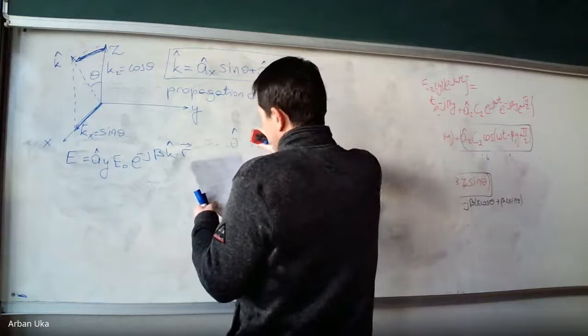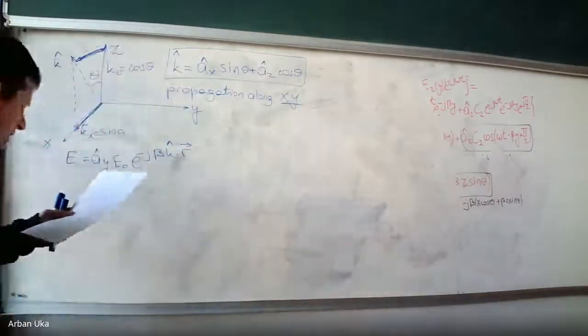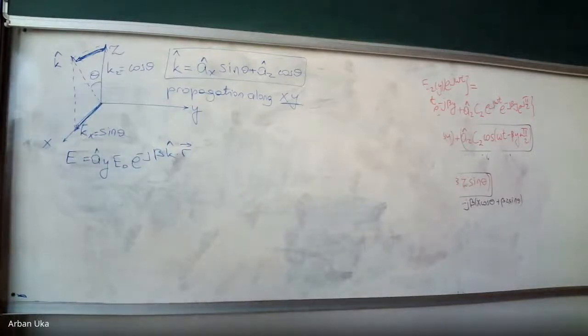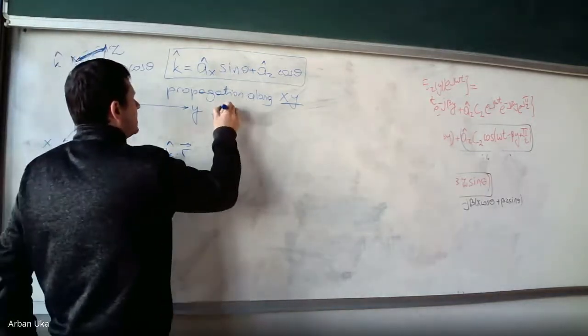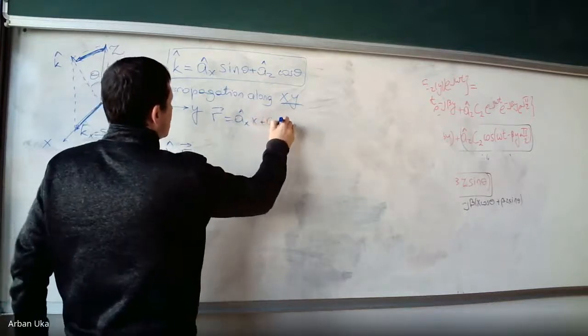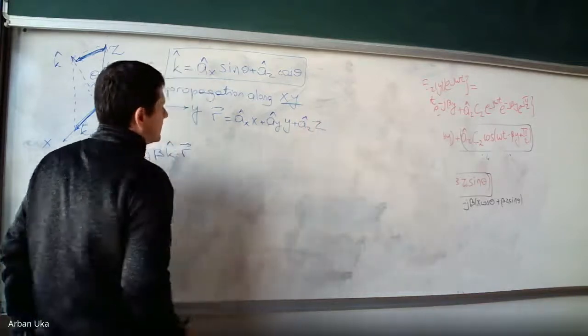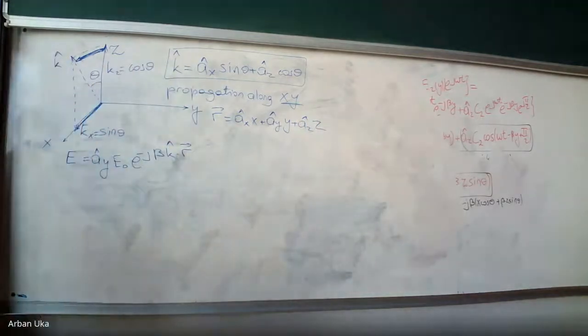Now, you remember what the r vector is equal to. We wrote it in the previous session. We said that r is ax x plus ay y plus az z. Okay, so this is the r.